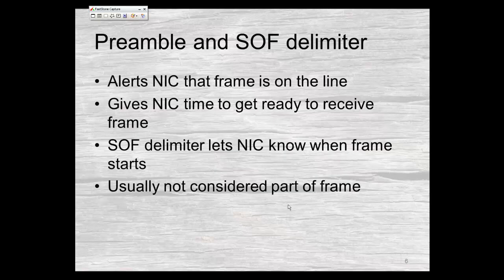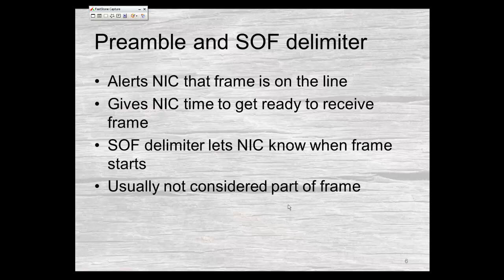The preamble and start of frame delimiter are basically there to alert the network card that the frame is on the line, that the frame is coming, so it has time to get ready for it. It essentially wakes up the NIC, saying, hey, I've got something coming for you. The start of frame delimiter lets the NIC know when the frame actually starts.